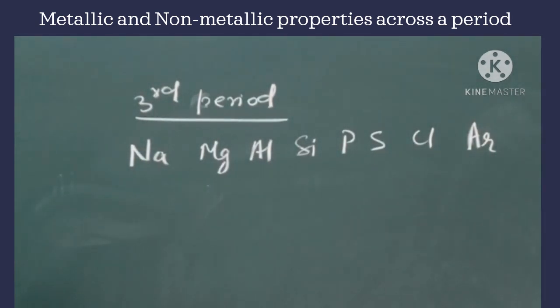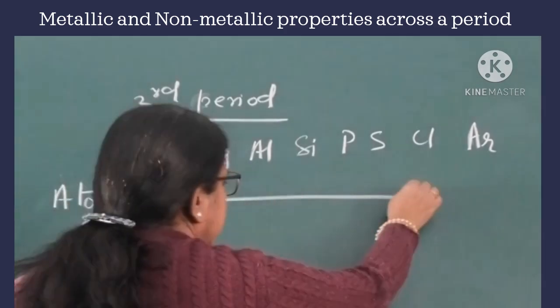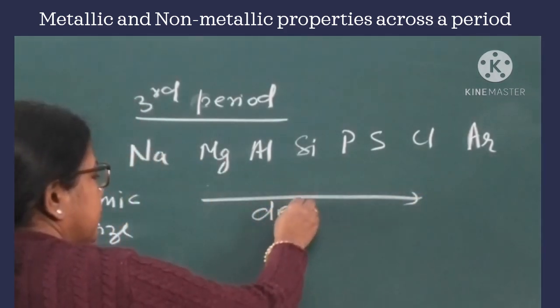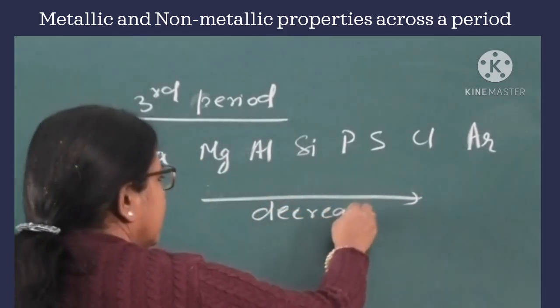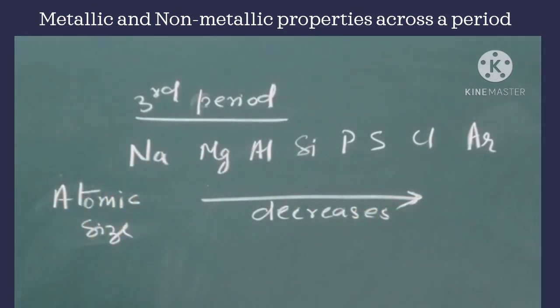Already you have learned about atomic size. How does the atomic size change on moving from left to right in a period? Atomic size decreases on moving from left to right in a period.